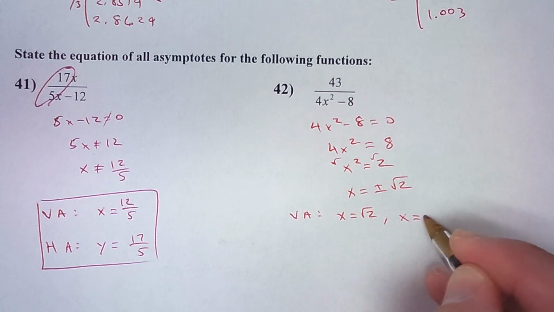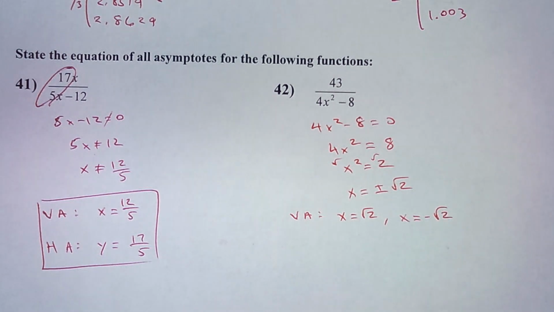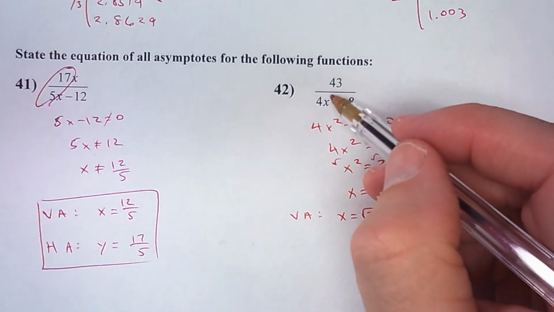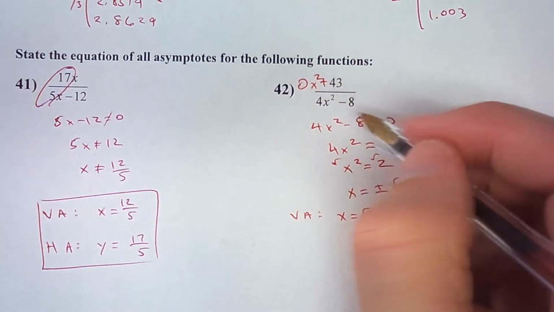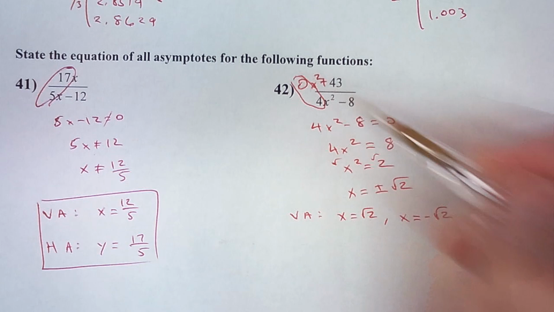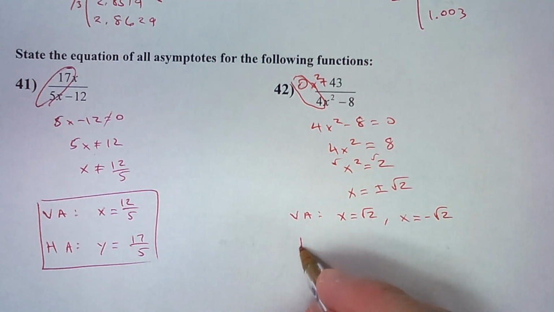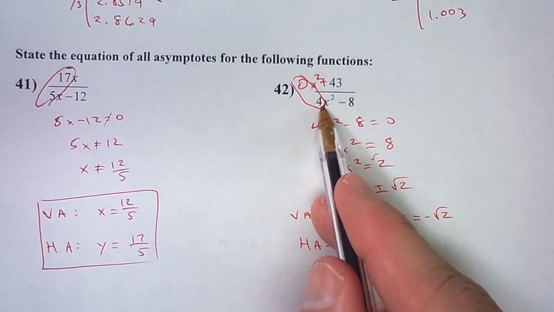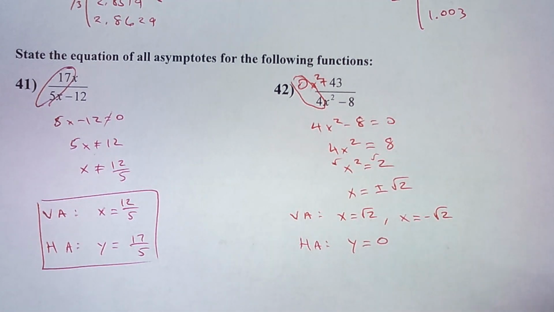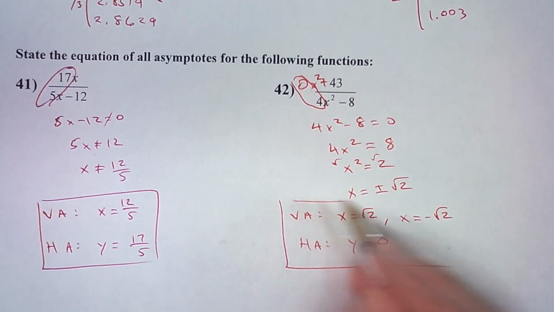There's one at x equals the square root of 2. There's one at x equals the opposite of the square root of 2. The degrees here are not the same, so I need to add to the numerator 0x squared and use those coefficients. So there is a horizontal asymptote at y equals 0 over 4, which is 0.